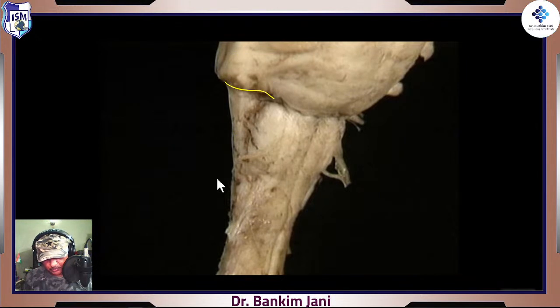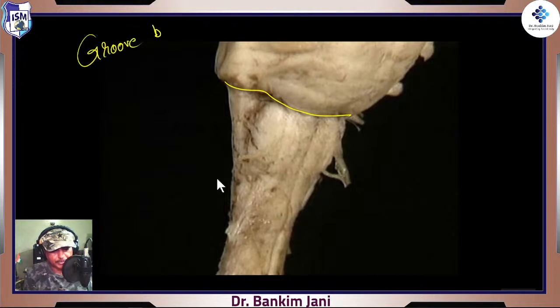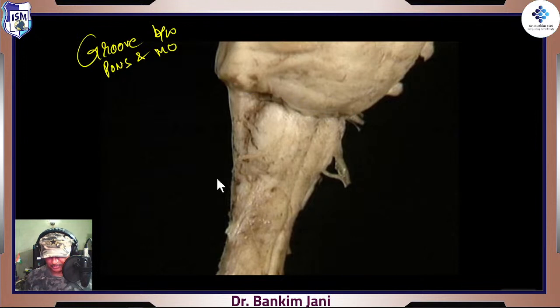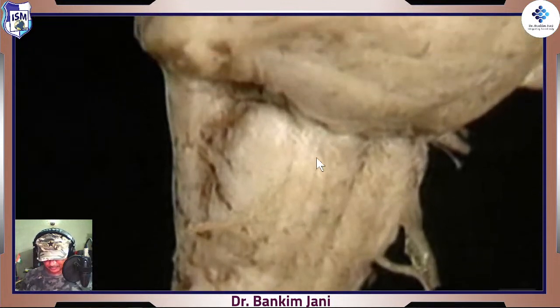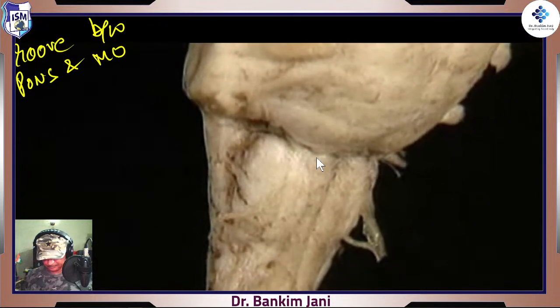Now this is like a groove, right? This is a groove between the pons and medulla oblongata. Let's remove that line also, and now I'll zoom this figure. Three interesting nerves are coming out of it, right?